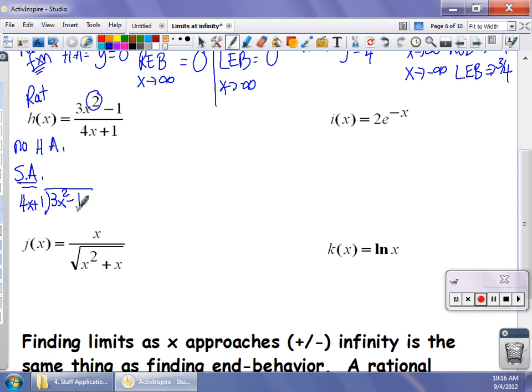What I'm focused on is the fact that if there's a slant asymptote, we know that there's a vertical asymptote here at x equal to negative 1/4, because that's the value of x that makes the denominator 0. So at x equal to negative 1/4, we have a vertical asymptote. Let's say that the slant asymptote does something like that.